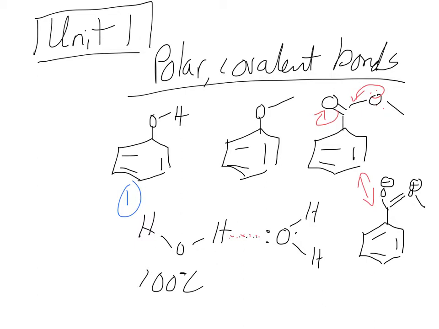So which one of these molecules is going to have stronger intermolecular forces, the ester here, or the ether, do you think? The ester, right? Probably because of this resonance structure, because this resonance structure now has a minus end and a plus end. So if this found another ester, they could do some intermolecular forces. Not hydrogen bonding, but they could do some like electrostatic or London dispersion kind of forces, right?